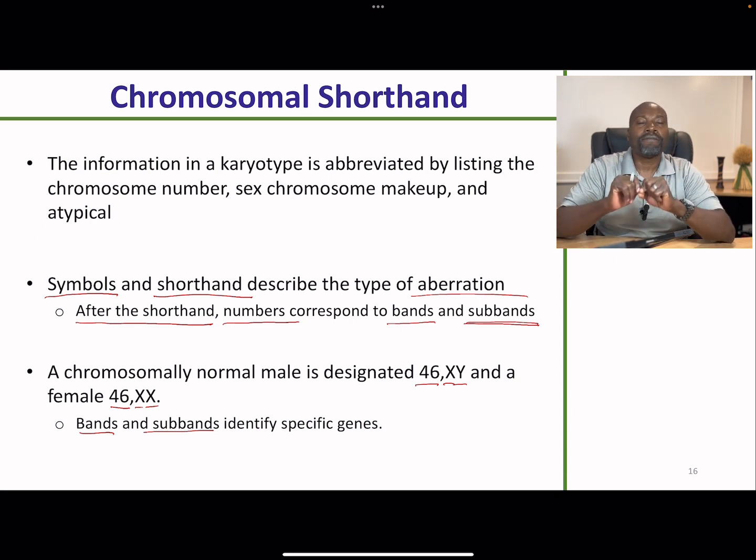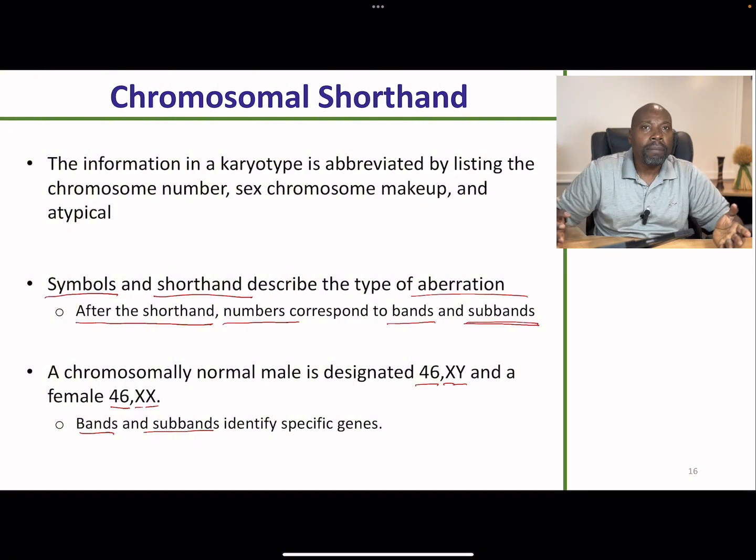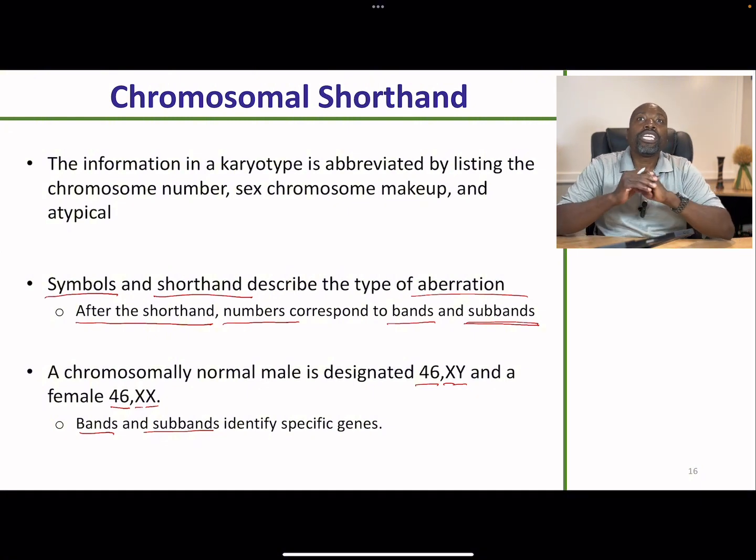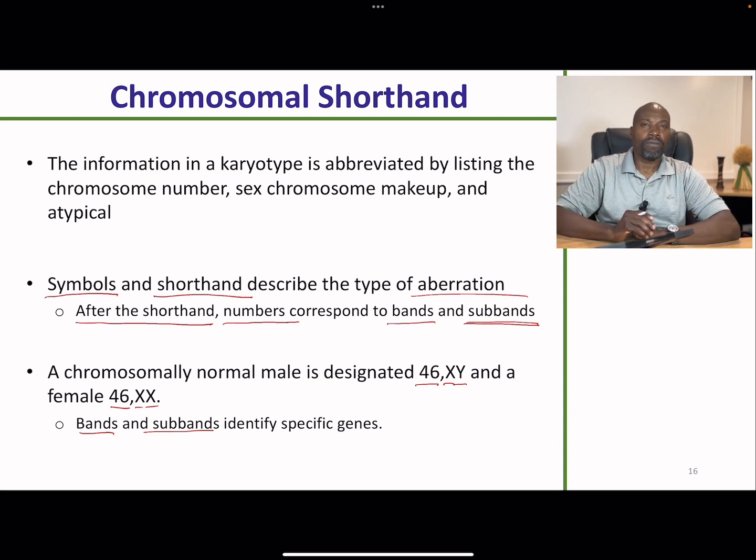To be specific, for instance, is there a problem with the gene responsible for cystic fibrosis? Yes or no, right? Is there a problem with the gene responsible for sickle cell disease, right? Is that gene there? Yes or no, right? So we can tell that.